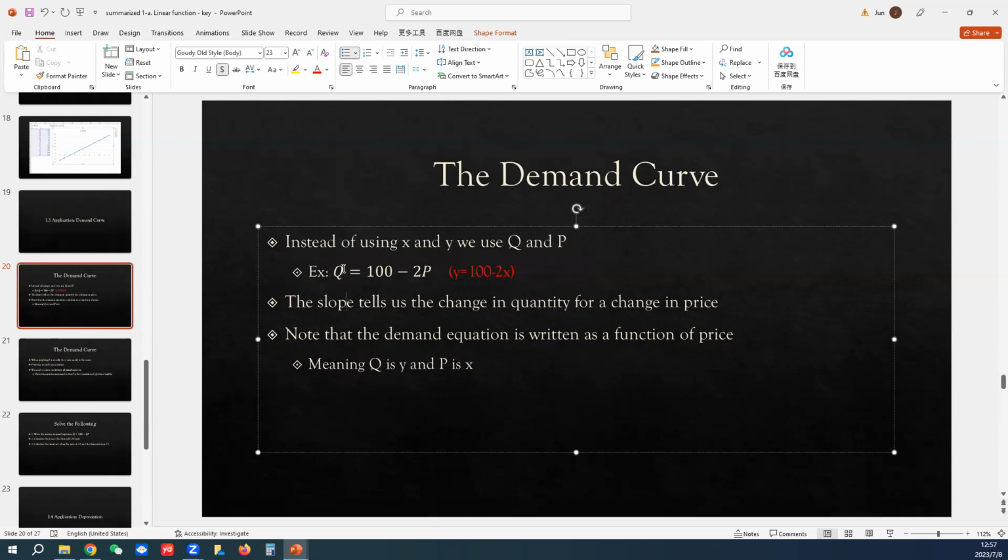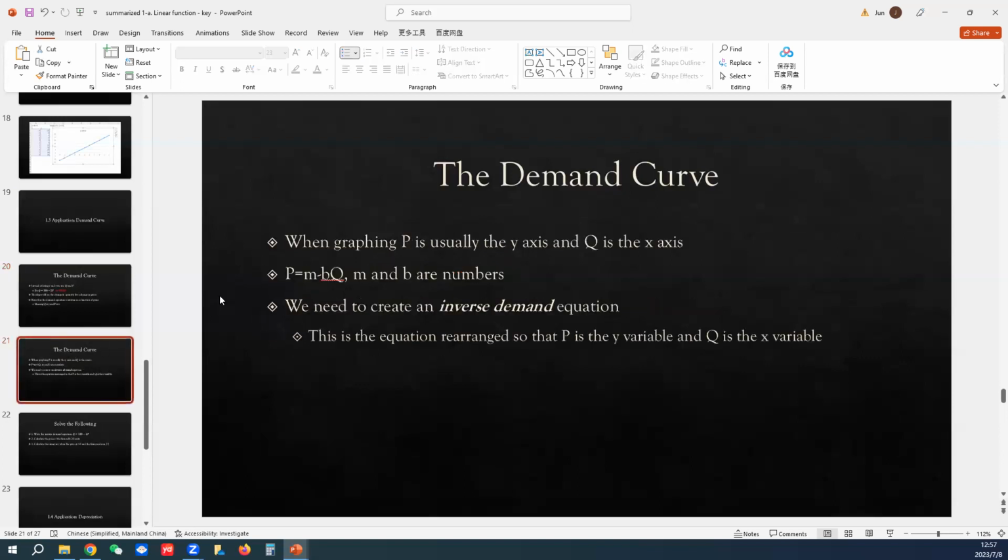The quantity is a certain value dependent on a certain price level. So that's why normally we put Q on the left-hand side in the position of Y, and P on the right-hand side of the equation in the position of X.